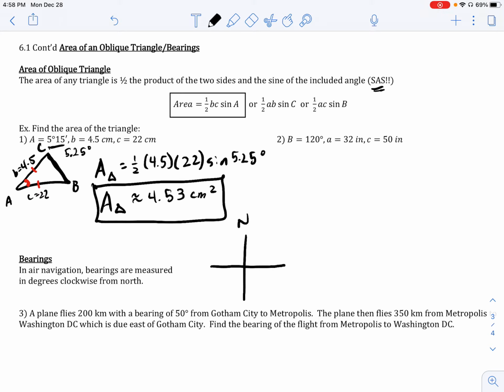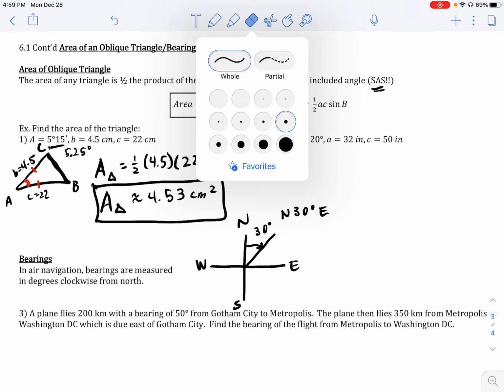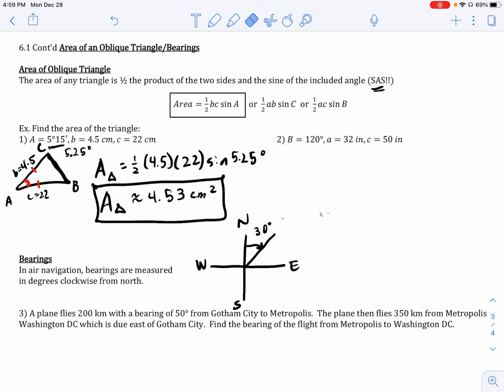So if this is north, east, south, west, we would say a bearing something like this, if this angle were 30 degrees, we would say north 30 degrees due east. This is typically how we've written bearings in this class. And if we have an angle that goes beyond 90 degrees, so for example, let me go ahead and erase some of this here.